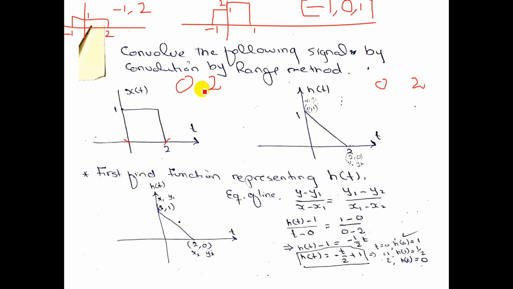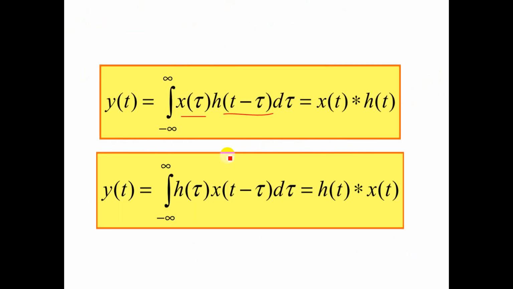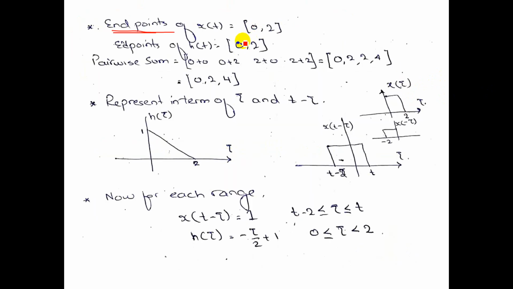The second thing is, once we have the endpoints for x of t and h of t, which I have already shown, I need to find the pairwise sum. Pairwise sum means I take this value and add it with this one and then with this one. Again, I take the second value and add it here and here. So simply, 0 plus 0, 0 plus 2, then 2 plus 0 and 2 plus 2. So I get this.